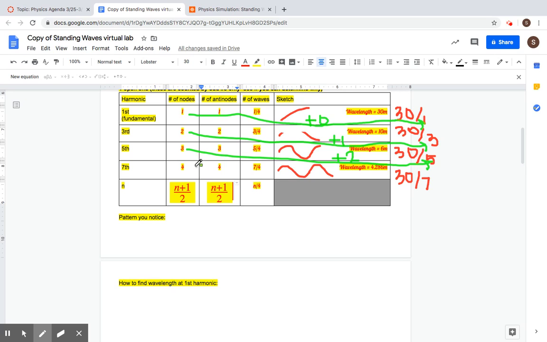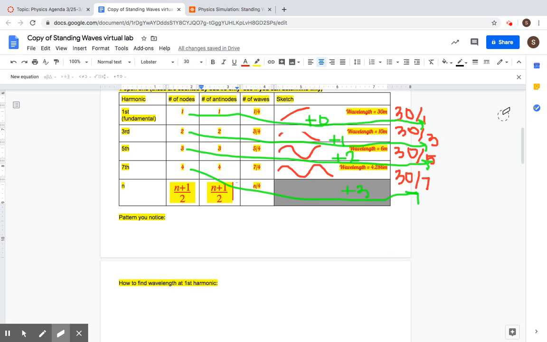And then, of course, you can see 4 to 7, you are adding 3.